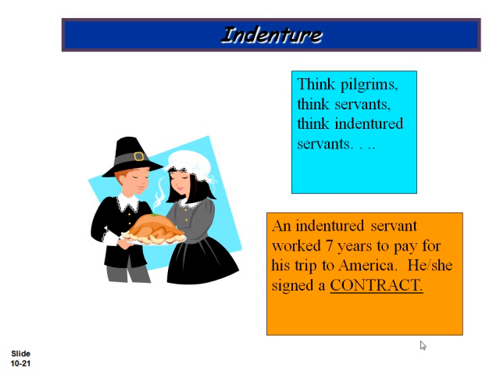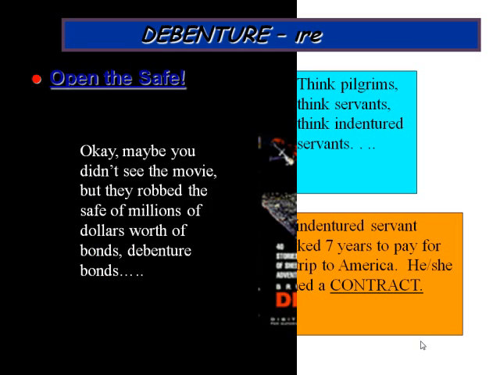So I'd go to a rich person and I'd say, you pay my passage to America, and I will work for you for free for 7 years. I signed a contract, and I would have to work for 7 years for that rich person once I got to America. So those people were called indentured servants. So that's a contract. Some of you may have studied that if you studied American history.